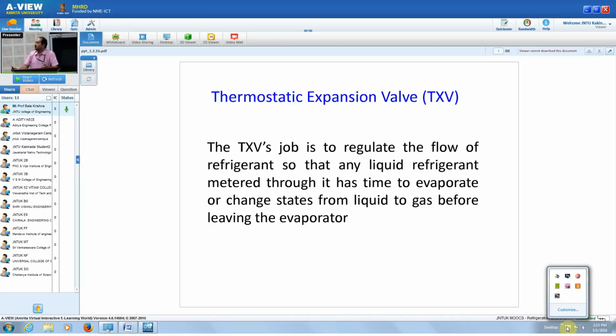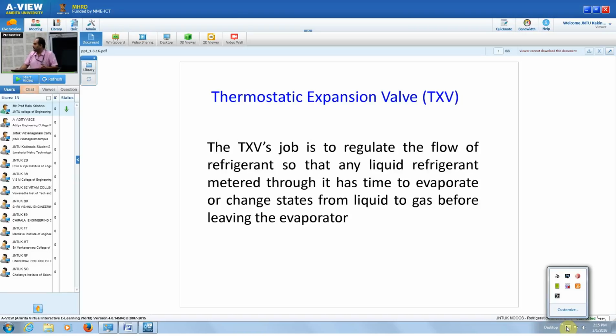Suppose you are going on a bike, and suddenly your friend asks for a lift. The fuel consumption is more. You have to maintain the same speed, maybe 60 kilometers per hour, but your load is increased by your friend.